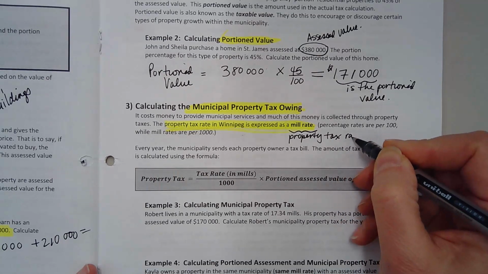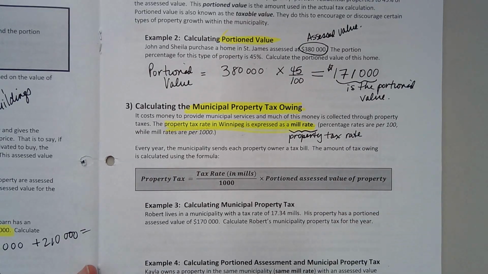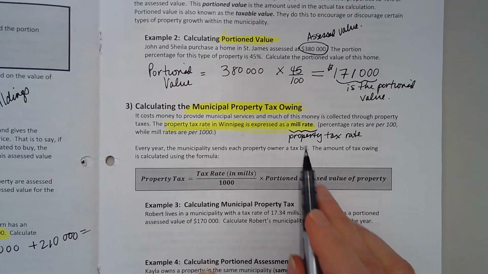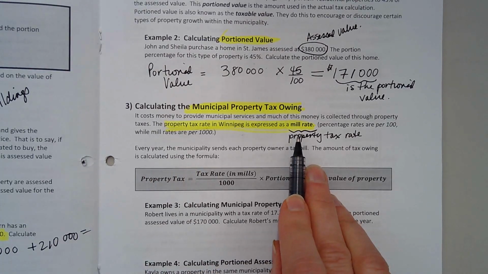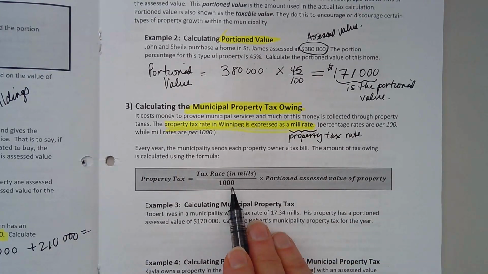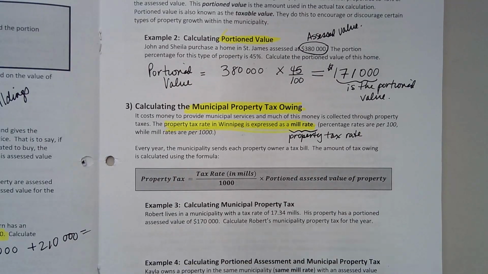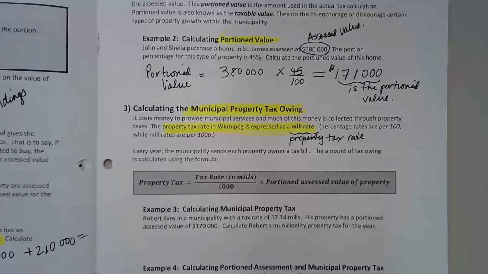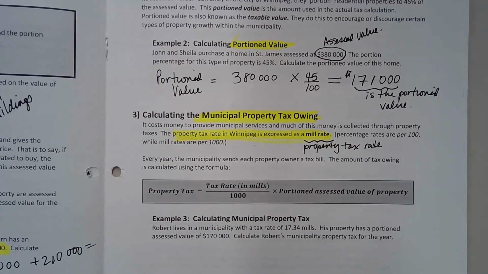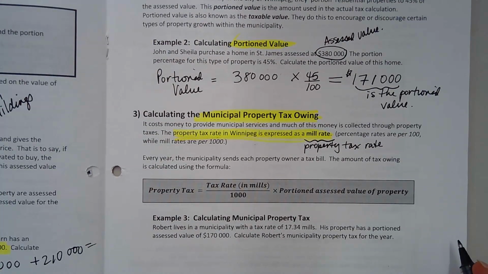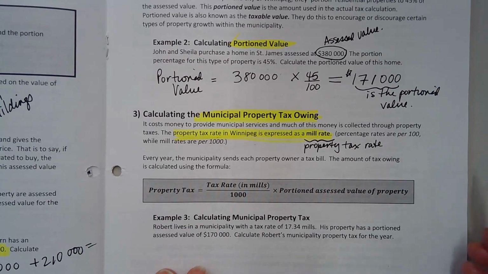If you really want to know the origin, I think it's French. Mill is French for per thousand. So again, it's a per thousand. It's what the French hundreds of years ago started calling their property tax rate, the mill rate, and it just stuck in North America, so that's why it's called the mill rate.